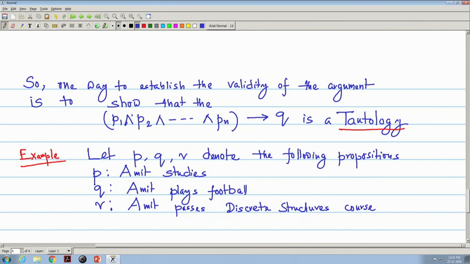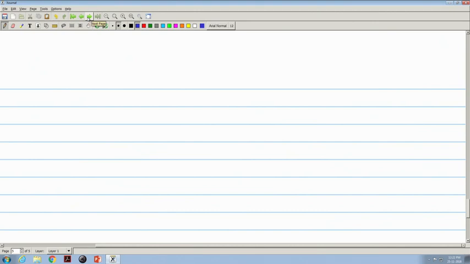Now, we take three compound propositions, to be denoted by capital P, capital Q and capital R. Now, I write the statements of the compound propositions.